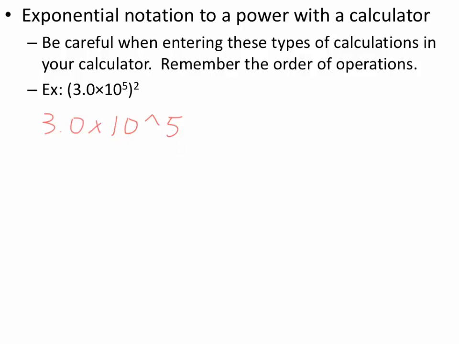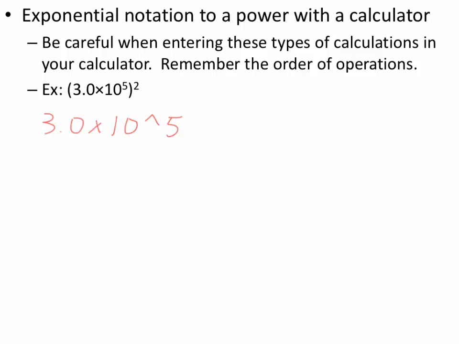So with the order of operations, it takes 10 to the 5, and it raises that, so you get 10 to the 5, and then it's multiplying that 10 to the 5 by 3.0. And if this is all you have in the calculation, then it's fine. Your calculator does the order of operations correctly.